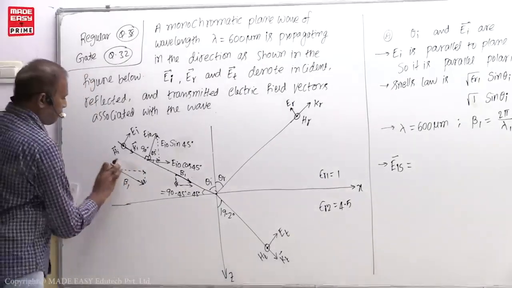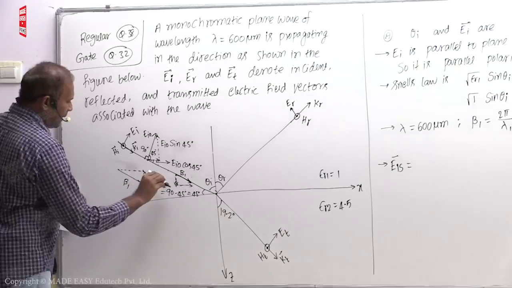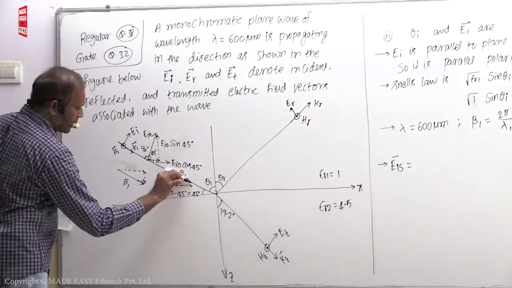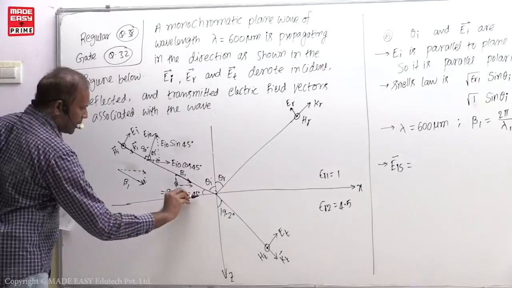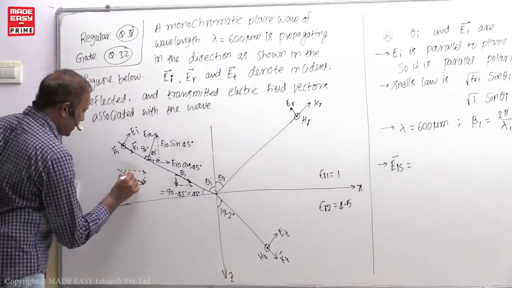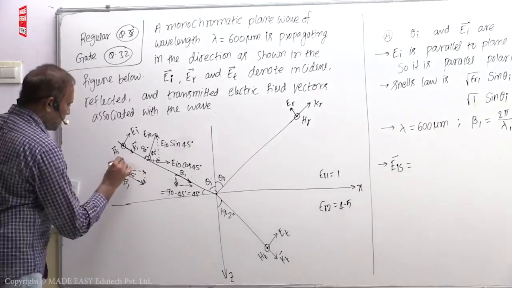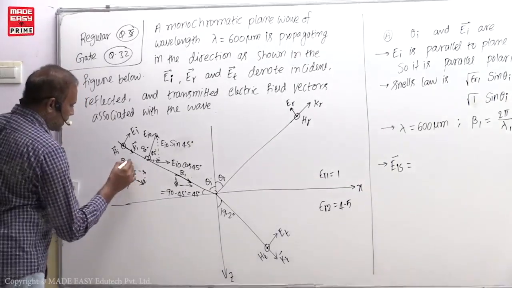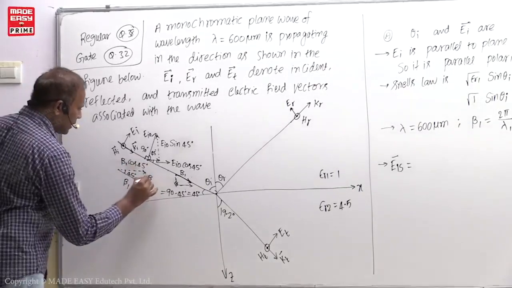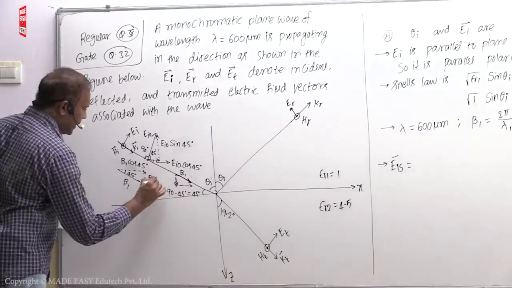Okay. What is the angle between wave propagation direction, that means this one, and the horizontal line? That is 45. So this is 45 degrees. So this becomes beta 1 cos 45, and this is beta 1 sin 45.